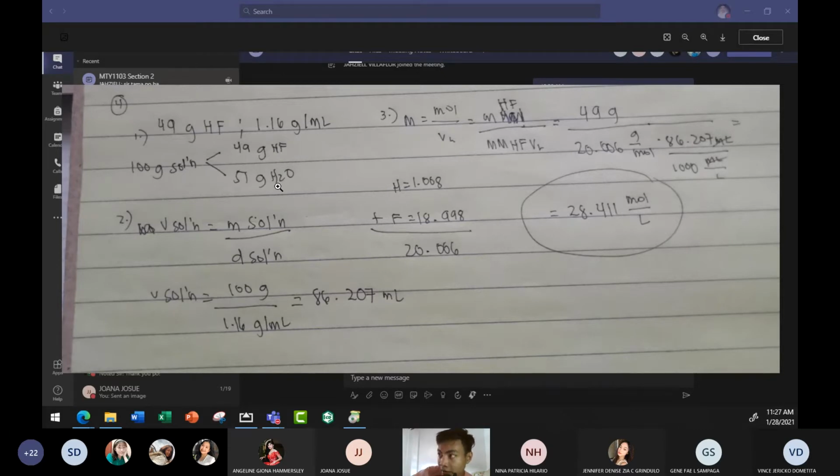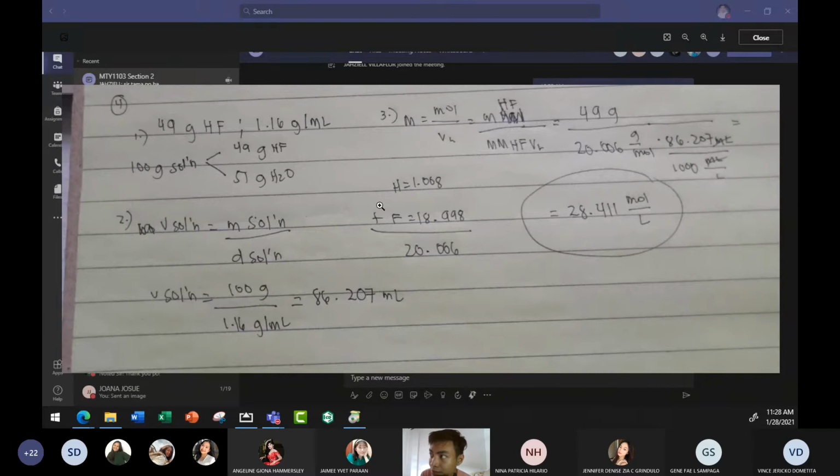Then since we are solving for molarity, we need the volume of the solution. Derived from the density formula, that's mass divided by the density, or 100 divided by 1.16 grams per ml. So this is the volume of the solution in ml.